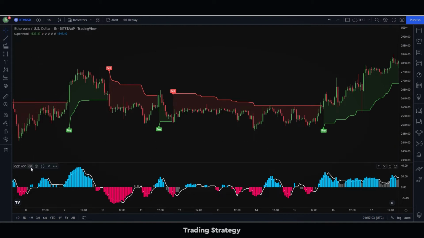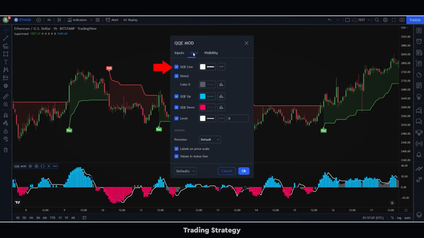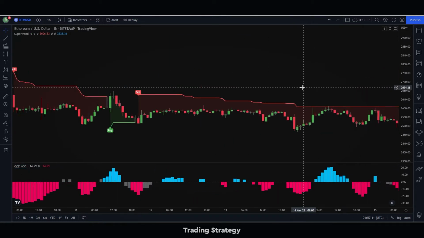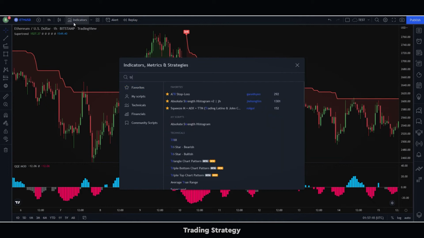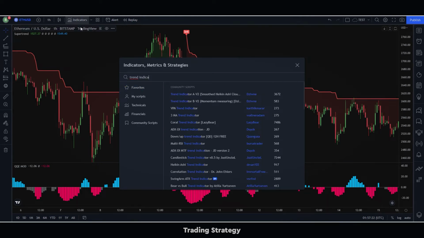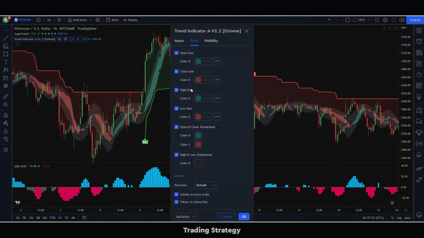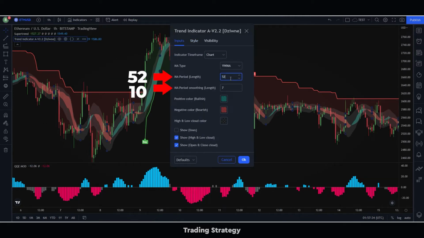For this indicator, we will only deactivate the white line that comes by default. Finally, we will select the trend indicator. To this indicator, we will put the parameters of 52 and 10.